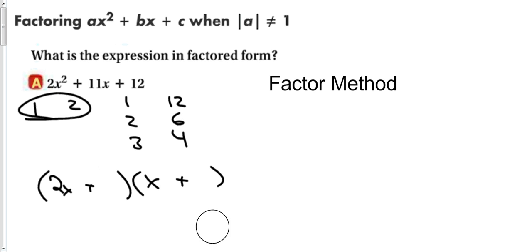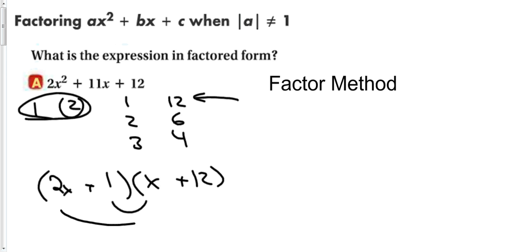Okay? So my trick is to work through all these different factors. Okay? So I can do, well, let's start with this first set right here. I could put a 1 there. I could put a 12 there. Does that work? My inside term is 1. My outside term is 24. 1 and 24 does not give me 11. That doesn't work.